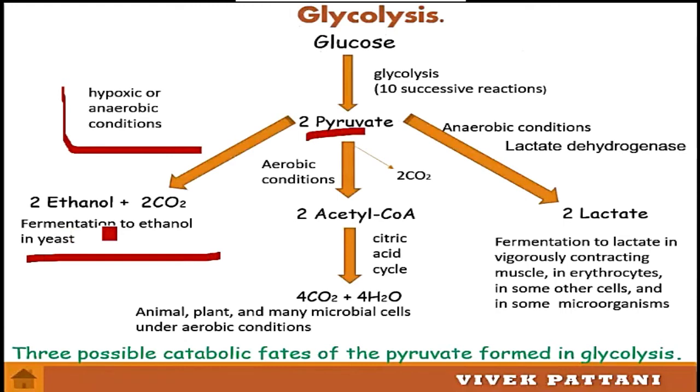When we add yeast to this dough, it rises due to the gas produced by the yeast. The gas formed is carbon dioxide, and ethanol is also produced, but to a very low extent.